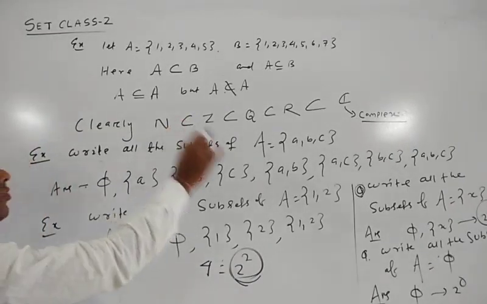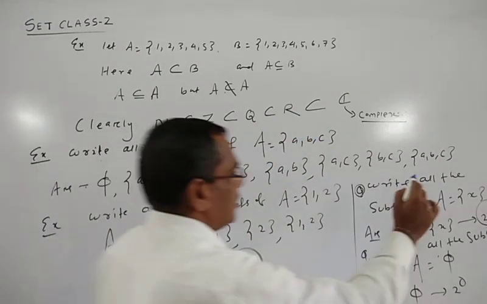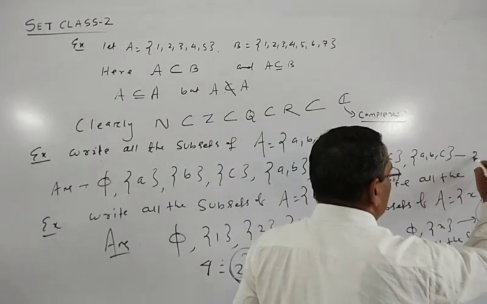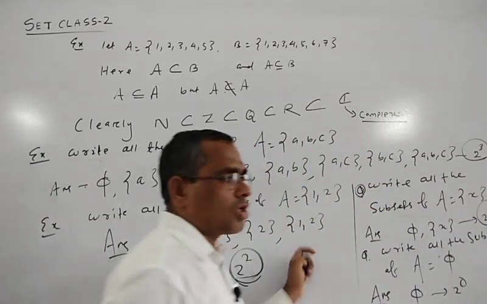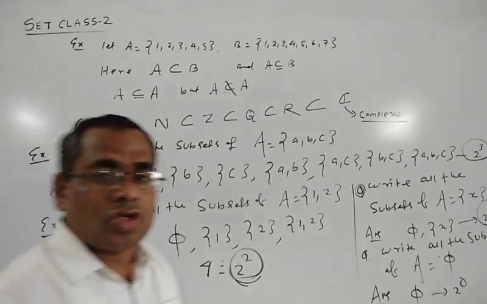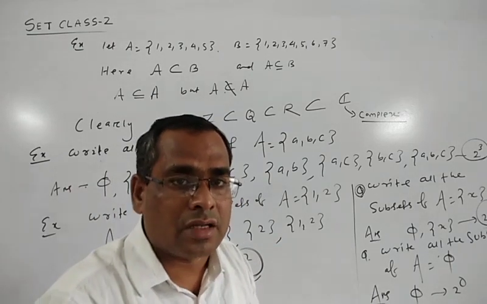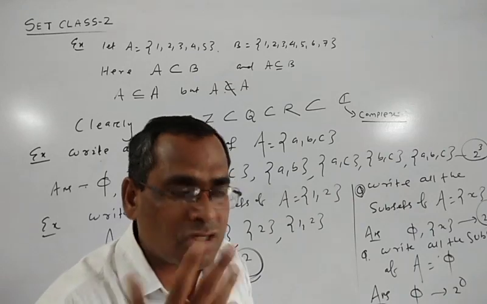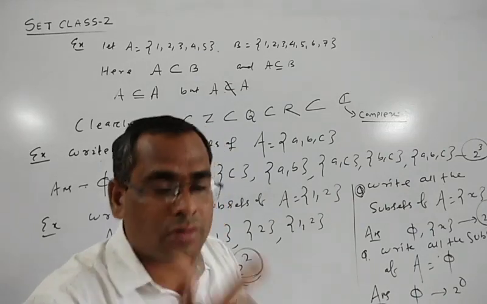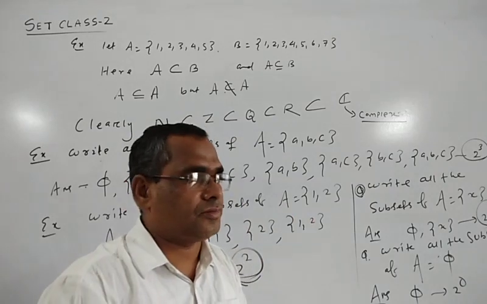The number of subsets of a set containing 3 elements is 8. So 8 subsets means you can write 2 to the power 3, because 2 cubed is equal to 8. So what will be the number of subsets if a set contains 4 elements? Naturally it must be 2 to the power 4, which means 16. There are 16 subsets.